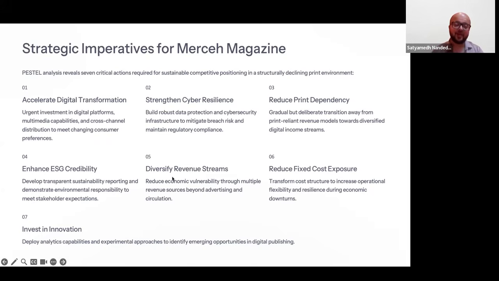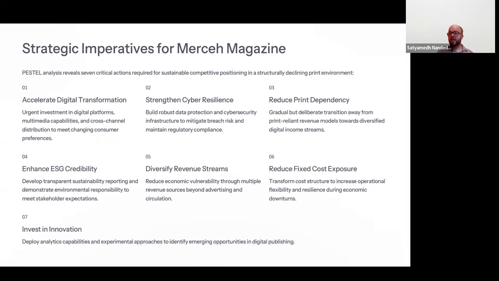Okay, look here now. Strategic imperatives for what the company can do in terms of shaping up future strategies: accelerate digital transformation, urgent investment in digital platforms, multimedia capabilities, cross-channel distribution, where you ask people to like, subscribe, share, and then you ask another influencer to promote your product, that kind of thing.